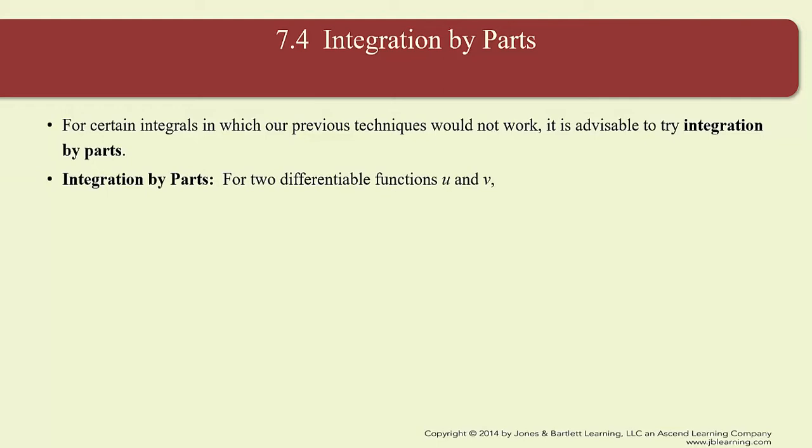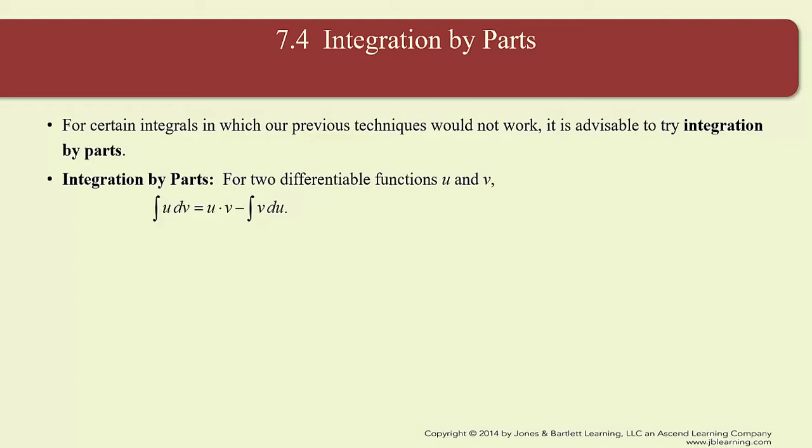For two differentiable functions, u and v, so you can think u is representing a function such as u of x, v is representing a function such as v of x. When you integrate u dv, the result is u times v minus the integral of v du.